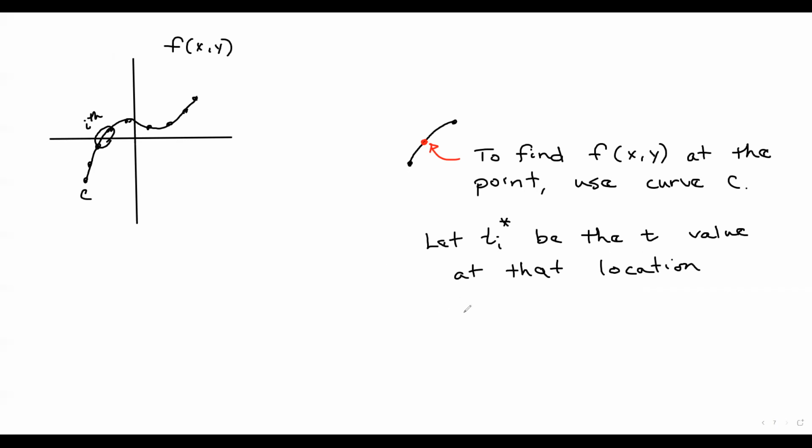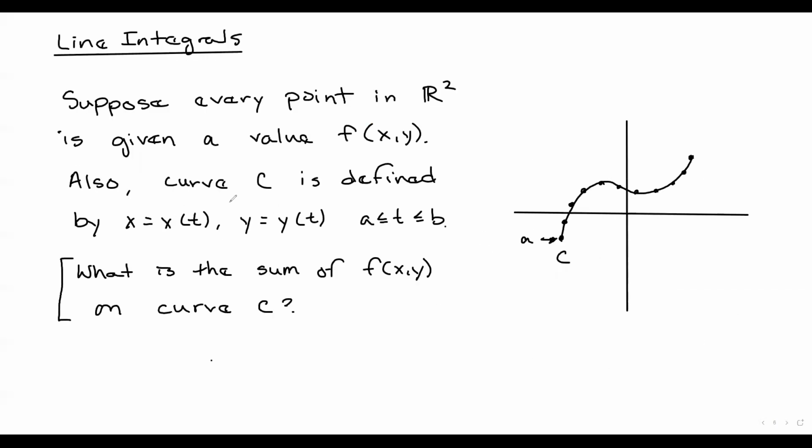Once you've done that, you can find x and y by taking that t value and plugging it into the parametric equations. So we take our t sub i star and plug it into our parametric equations, and that gets us the x and y value at that spot.